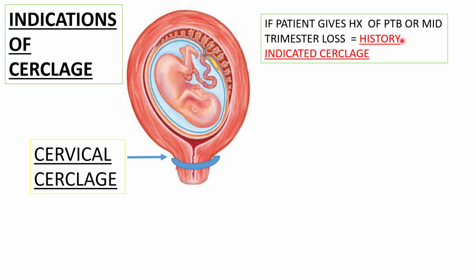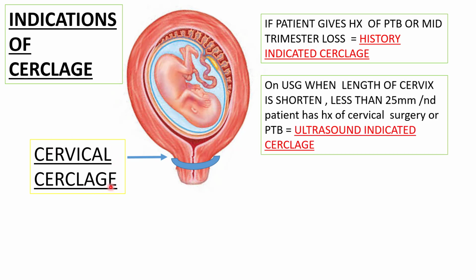Or if a patient gives you a history of preterm birth, or a history of cervical trauma, and on the basis of history you have done ultrasound and you have noticed the short cervical length. As on ultrasound the length of the cervix is short, you will decide to apply the cervical cerclage. This indication is called ultrasound indicated cerclage.